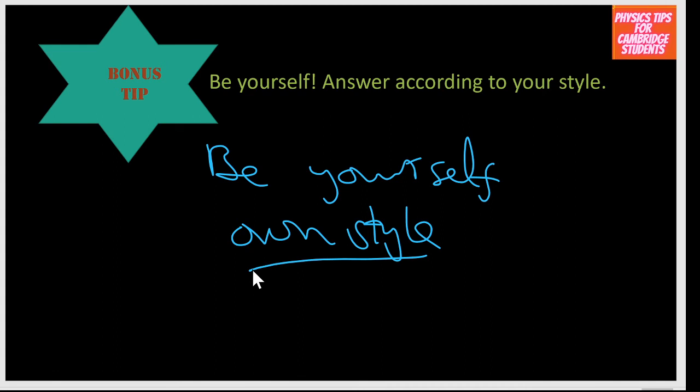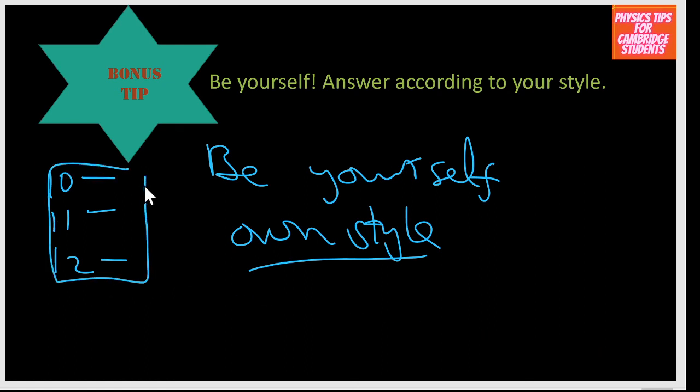Suppose you encounter problems on number 10, number 11, number 12, you could leave this blank and then come back later, and then you shade. But make sure that at the end of the exam, all these that you have left blank would have been shaded. Okay, so answer according to style. So you could say maybe the easy ones first, the low-hanging fruits first, and then the hard ones would then come later.